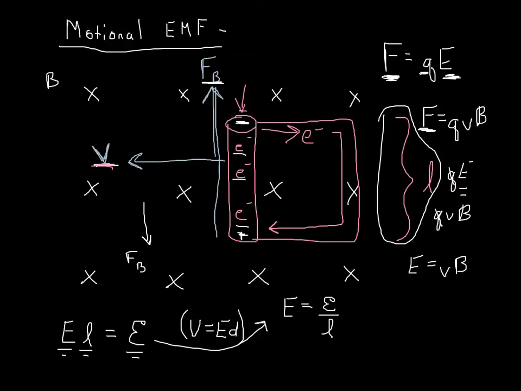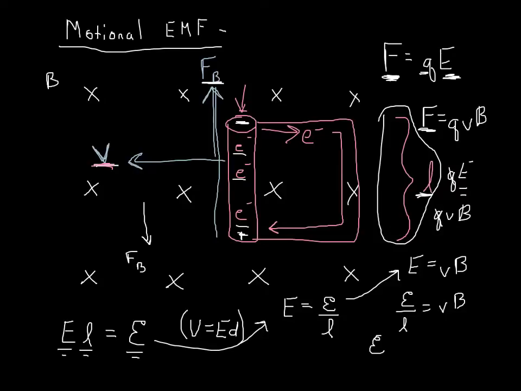So I'm going to plug this in now into my electric field and find induced EMF divided by the length of the wire, the distance over which that electric field acts, is equal to V times B. I'm going to solve this for the induced EMF.